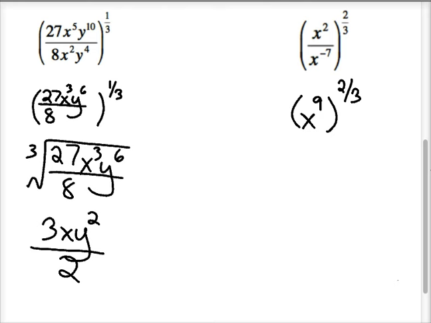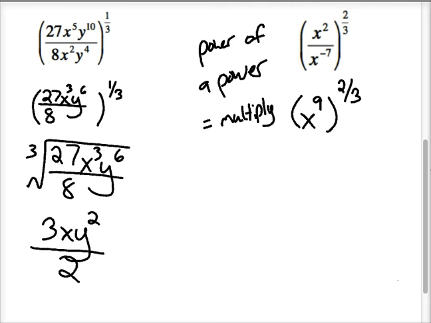Well, now let's take a look at this. Power of a power. Okay, so power of a power. So remember, power of a power means you want to multiply. Okay, so power of a power, that means you want to multiply that 9 times the 2/3 now.